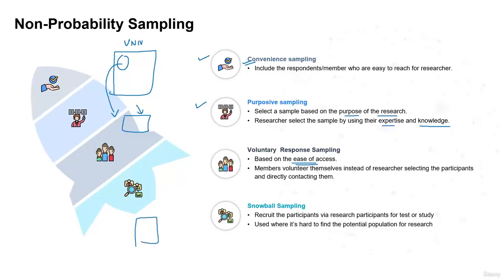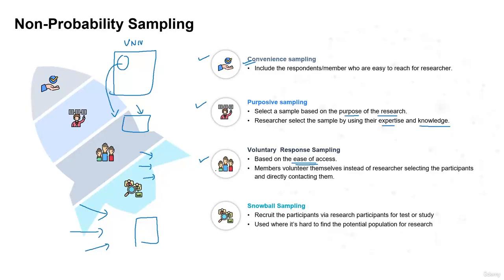Let's say you have an online survey and people are responding to it. One of the easiest examples of voluntary response sampling is LinkedIn polls. If you are creating a post on LinkedIn and you are having a poll whether data analytics is the best domain or data science, and people start voting on them, that's a kind of voluntary response sampling.